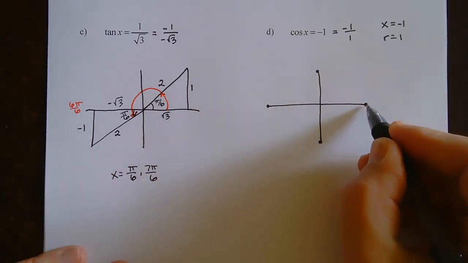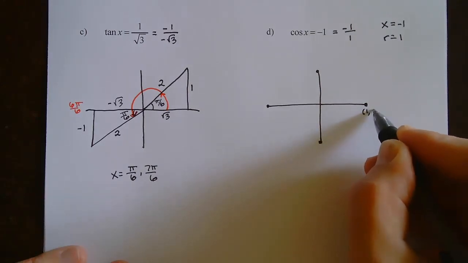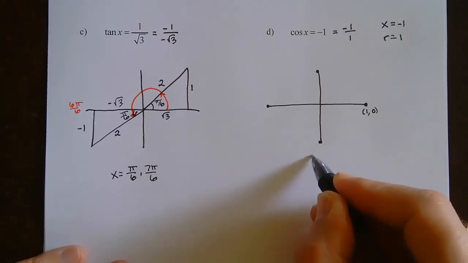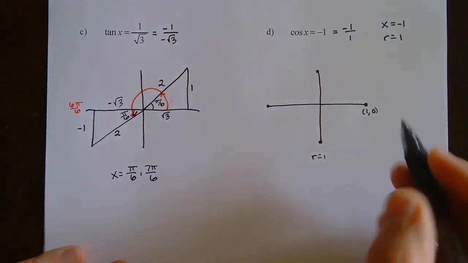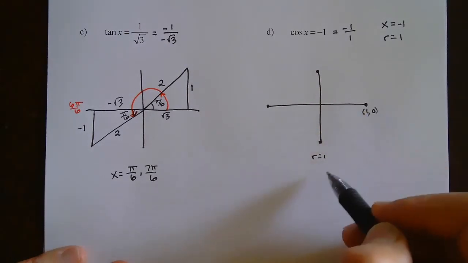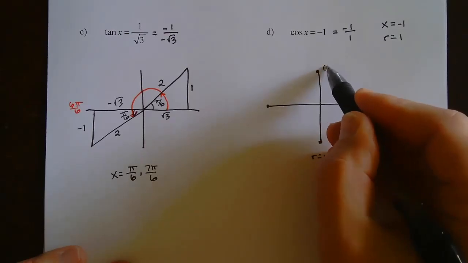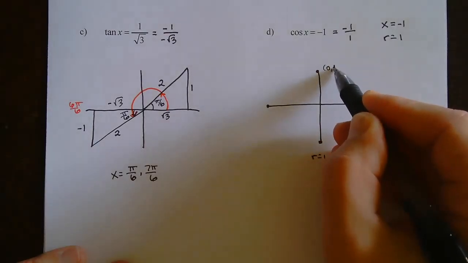So right here at angle 0, I know my x is 1 and my y is 0, and for this whole diagram, r is going to be 1. So it can't be that. The ratio of x over r would be 1 over 1. That would be positive 1. Right here, my x would be 0 and my y would be 1.